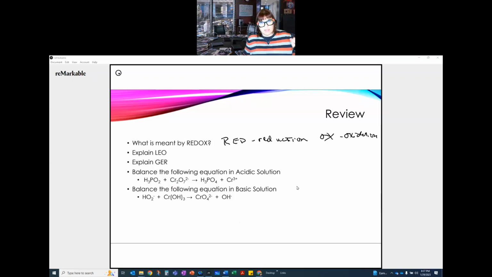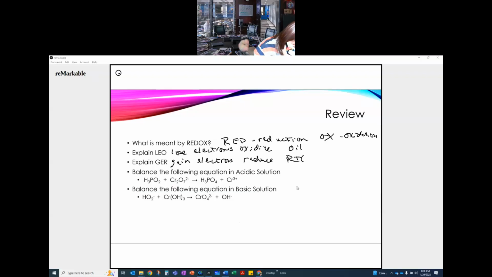Leo is losing electrons, oxidize, and gain electrons, reduce. So oxidation is loss.